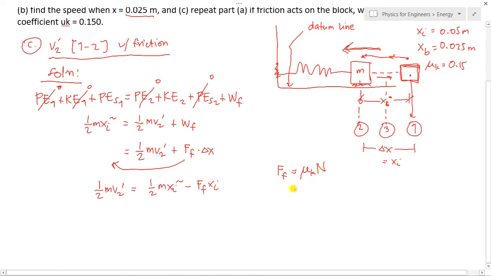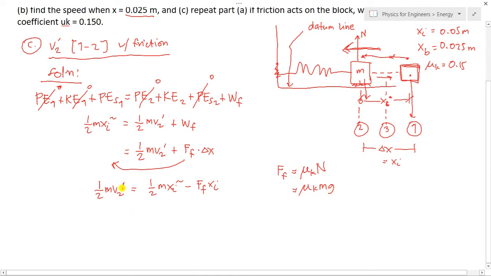If we resolve the forces vertically, the normal force is the force that acts perpendicular to the surface where the object rests, which is equal to the weight of the object by free body diagram. So that is just equal to mu k times mass times gravity.